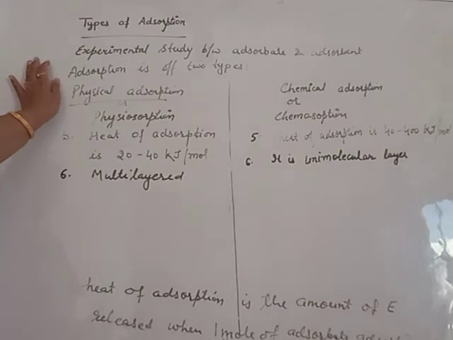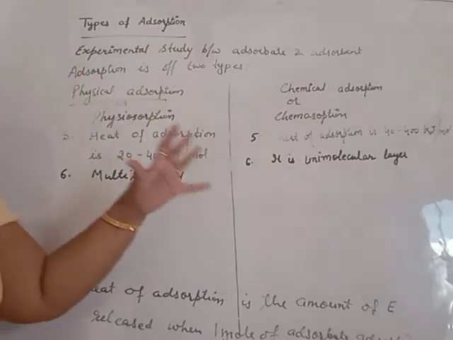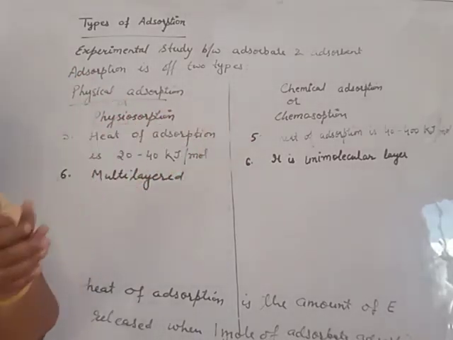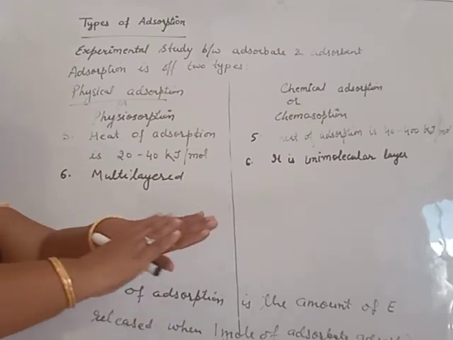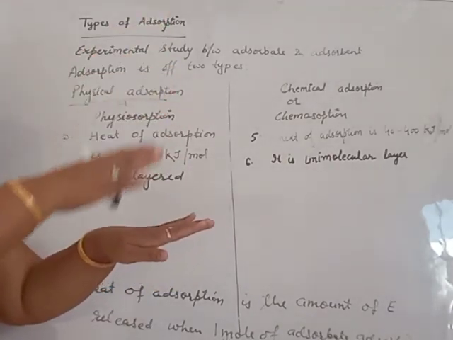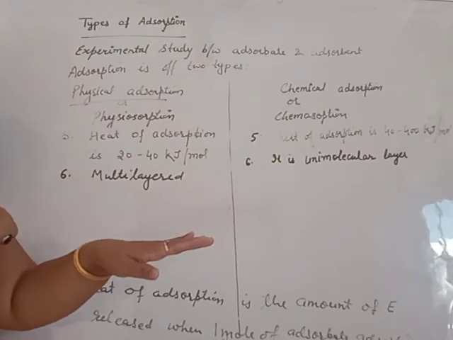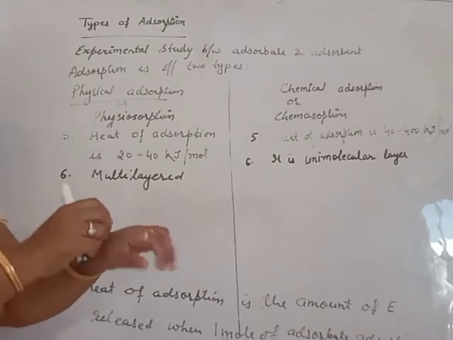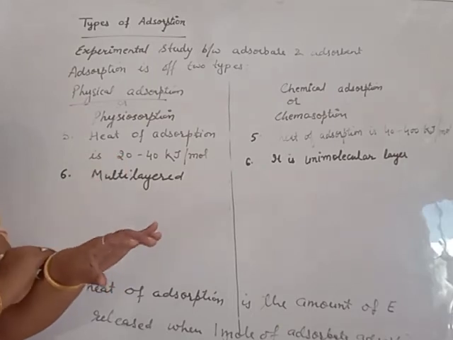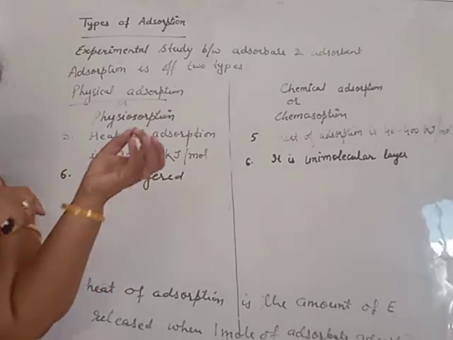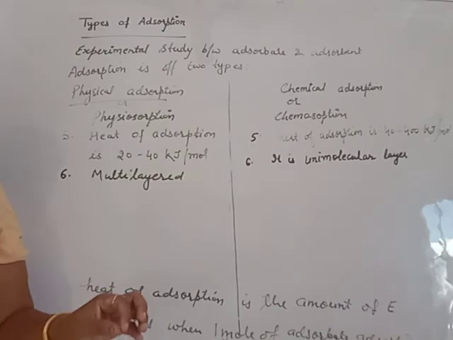Beta, physical adsorption, is it specific or not? Look, in physical adsorption there is only weak force of attraction, so any substance can adsorb. On this surface in my hand, either dust, water, or some other component may be adsorbed, then wash with water, wash with soap, they will be removed. But chemical reaction is always specific.